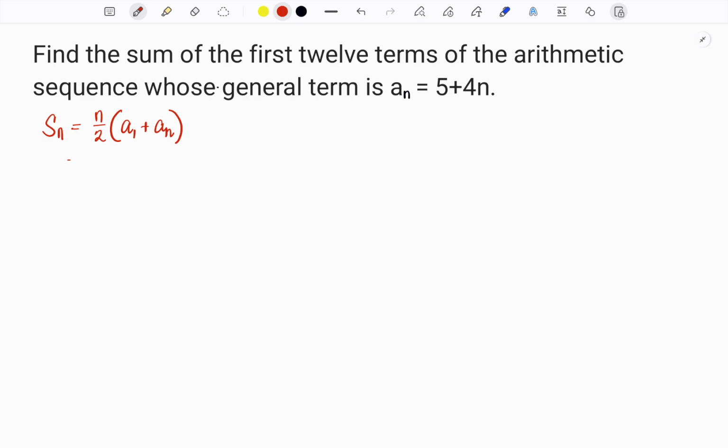The first one is the number of terms, denoted by n. Next, the first term, denoted by a sub 1. And the last term, denoted by a sub n. And from the problem, we're told to find the sum of the first 12 terms. So automatically, n here is equal to 12.